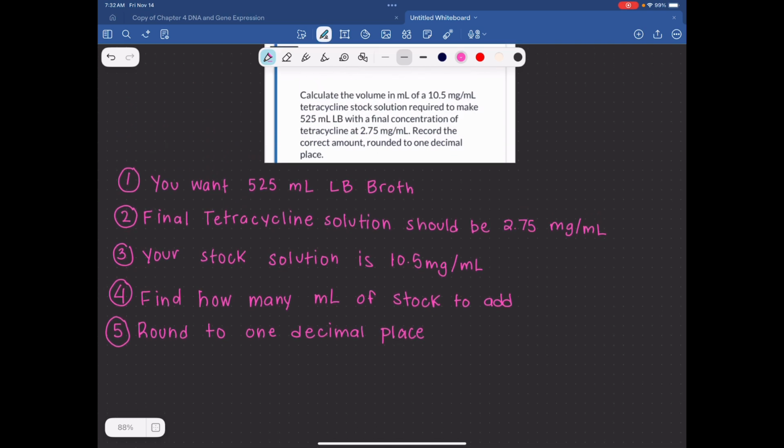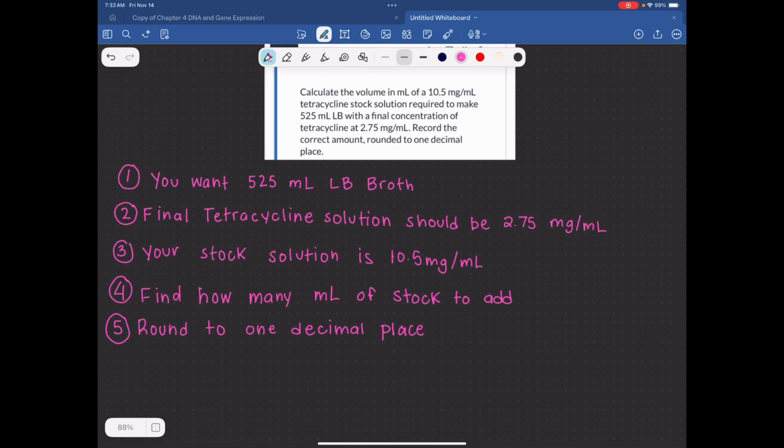All right. So you want 525 milliliters of Luria broth. Your final tetracycline solution should be 2.75 milligrams per milliliter. Your stock solution should be 10.5 milligrams per milliliter. So you are trying to find out how many milliliters of your stock you need to add, and then you need to round to 1 decimal place.